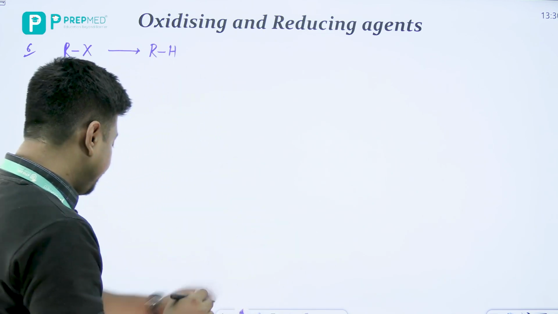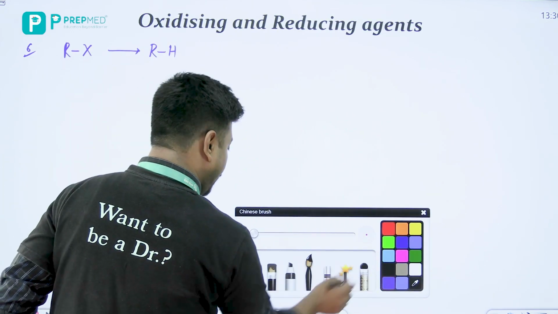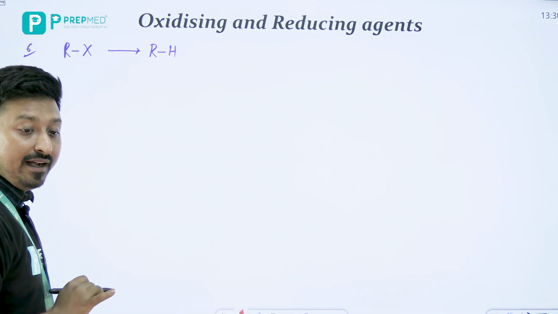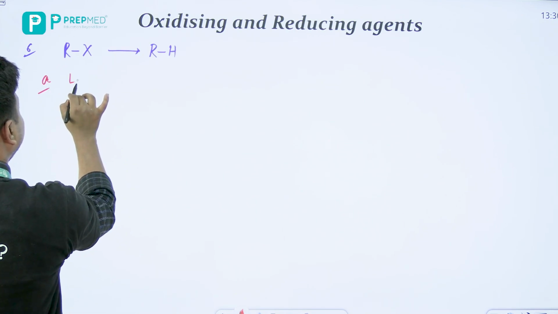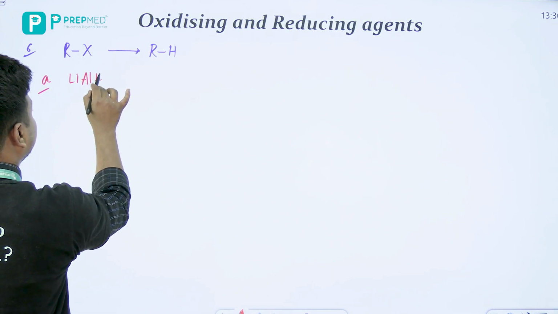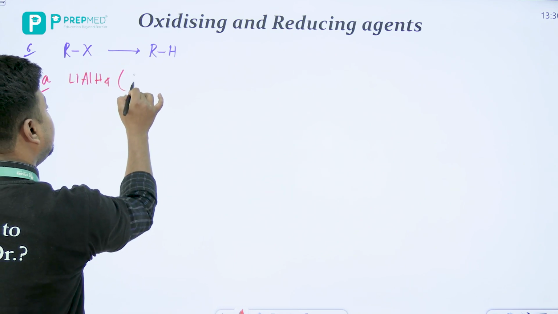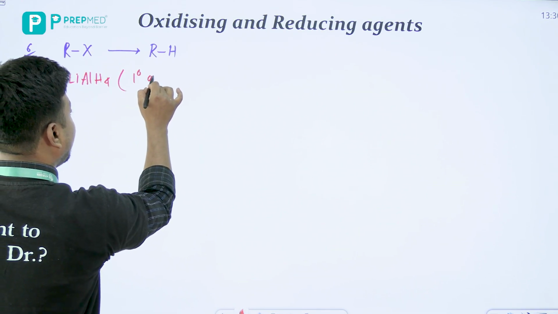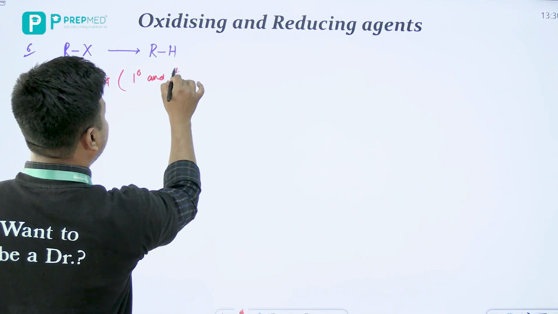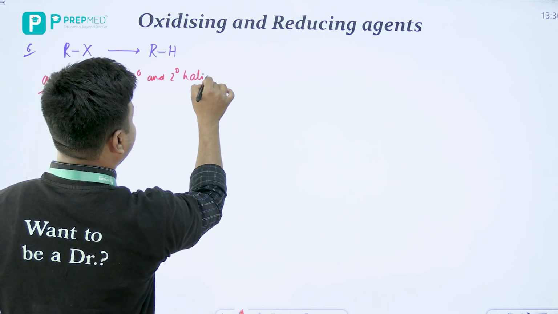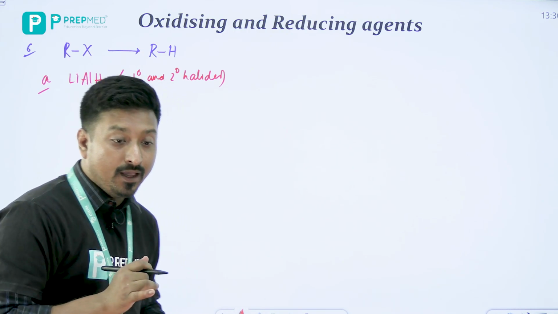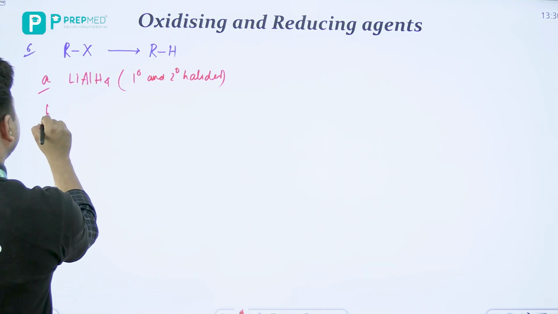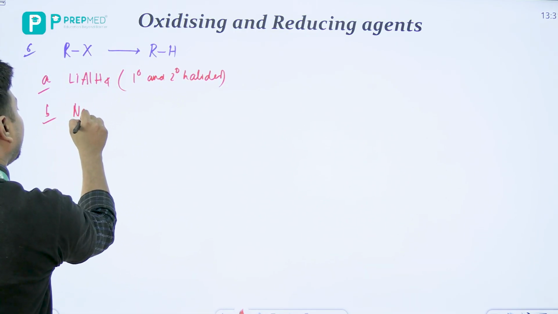So the reagent we will use for this one, number A, is lithium aluminium hydride. But remember always, this is only used for 1 degree and 2 degree halides. Only for 1 degree and 2 degree halides can we use this one. Okay, number 2 we can use, but safely we can use NaBH4.